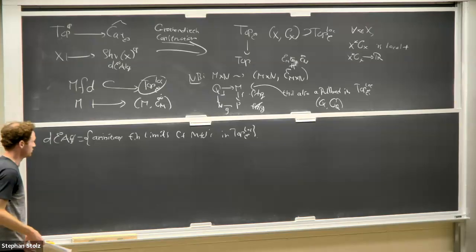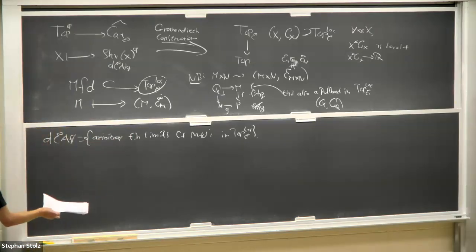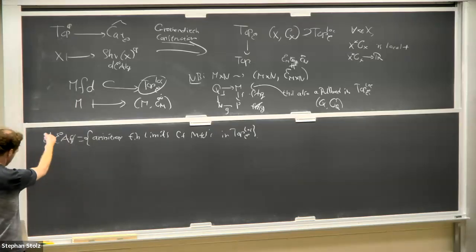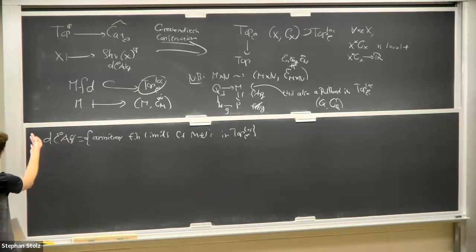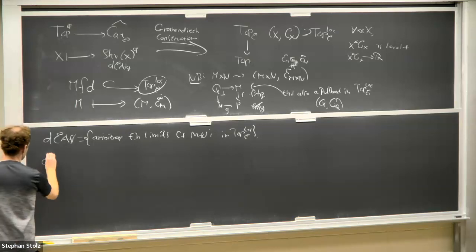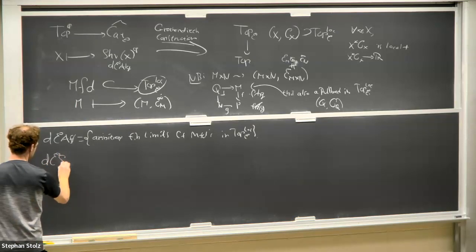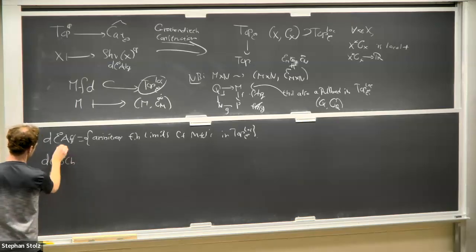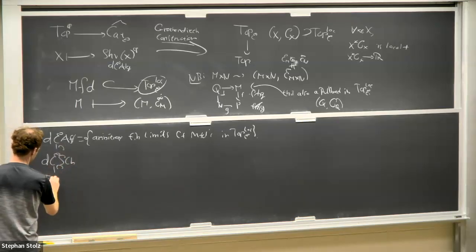Since we're working with these structured spaces, we can glue these together in the homotopically correct sense very easily. This is exactly analogous to the infinity category of affine derived schemes of finite presentation, and an arbitrary scheme is a gluing of such things. So there's an infinity category of derived C infinity schemes. Both of these sit inside here.